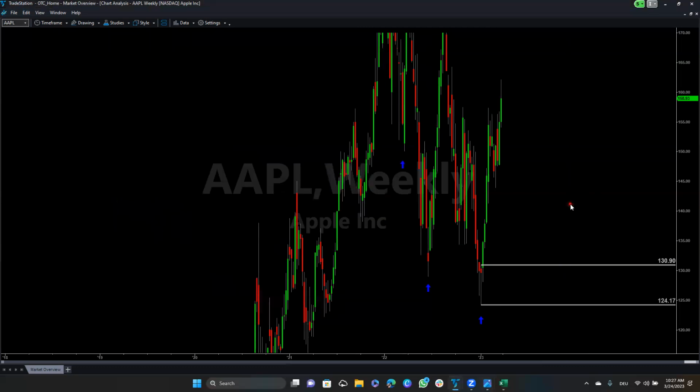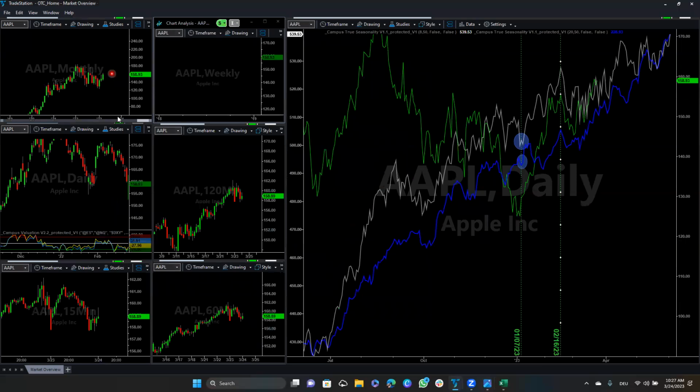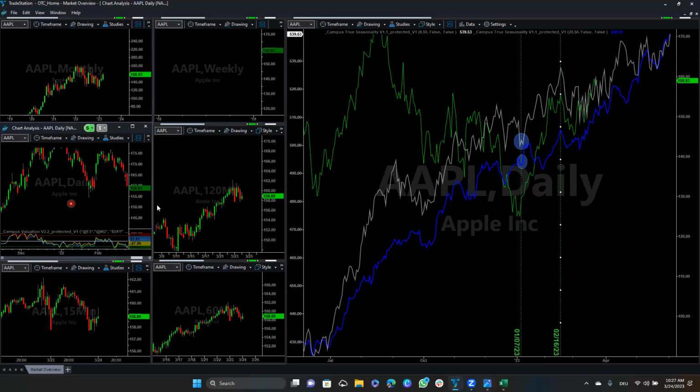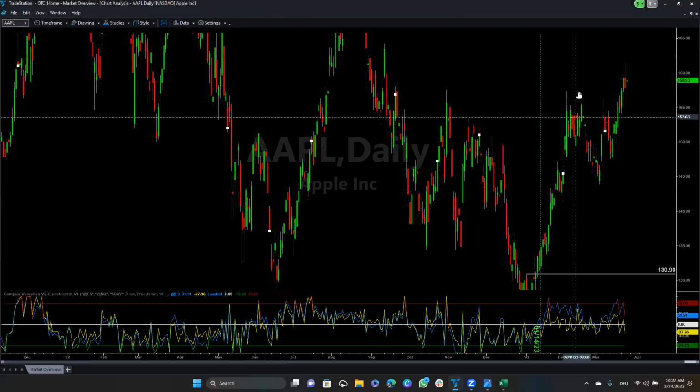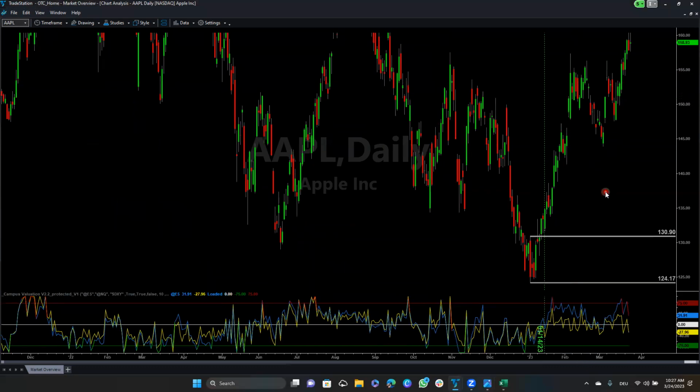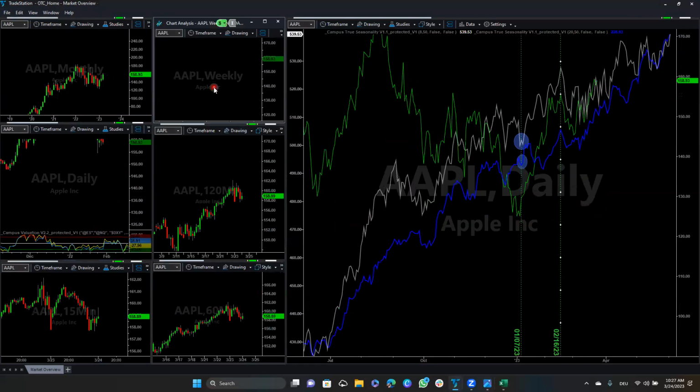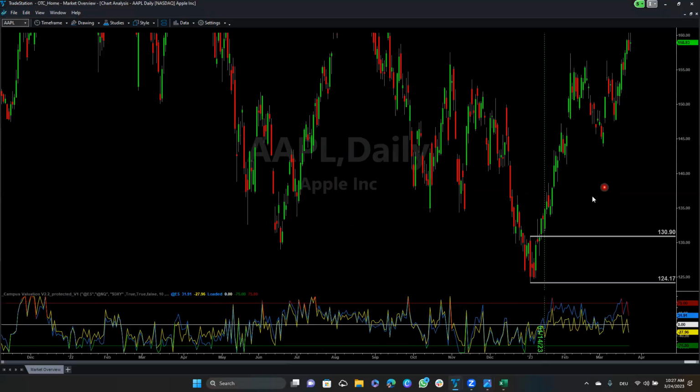We want to buy, you will go to daily here. Okay, daily is easy. This here, let me check, 130.9. Yes, 124.17. Yes, exactly. This is exactly our hammer candle range. Okay, and buy. That's our range.